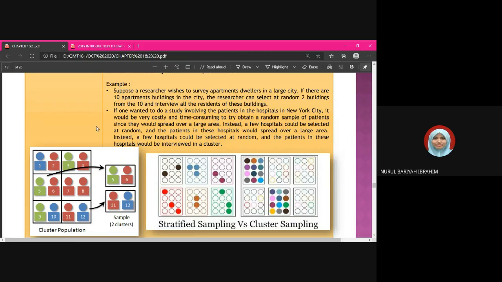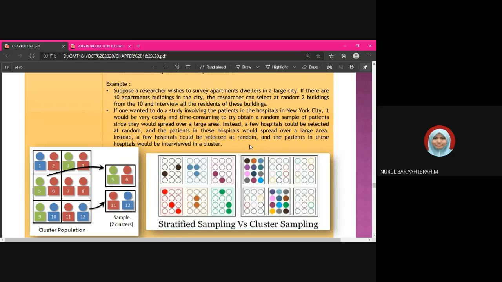Contoh lain, if one wanted to do a study involving the patients in the hospital in New York City, okay, the large population, it would be very costly and time consuming to try to obtain a random sample of patients since they would spread over a large area. Okay. Instead, a few hospitals could be selected at random and the patients in these hospitals would be interviewed in a cluster.